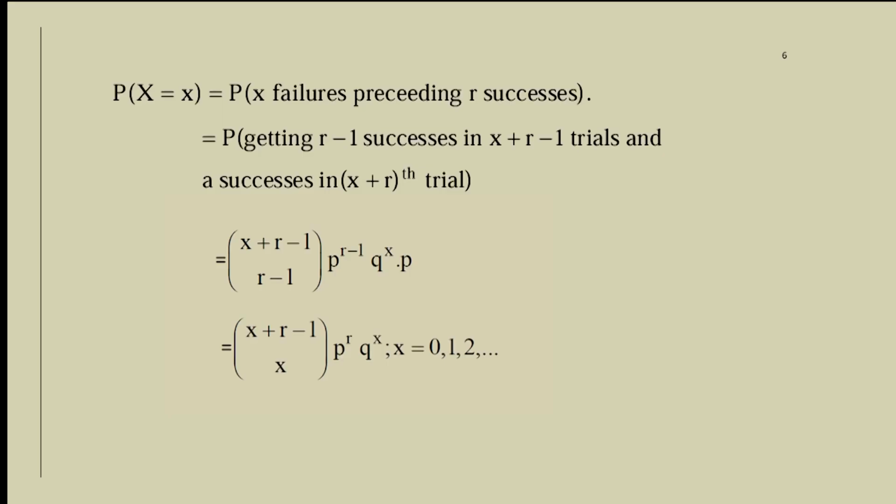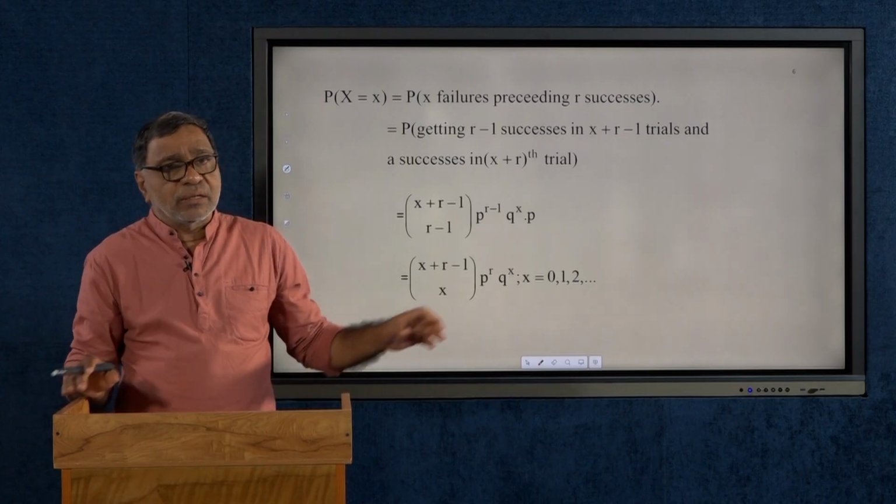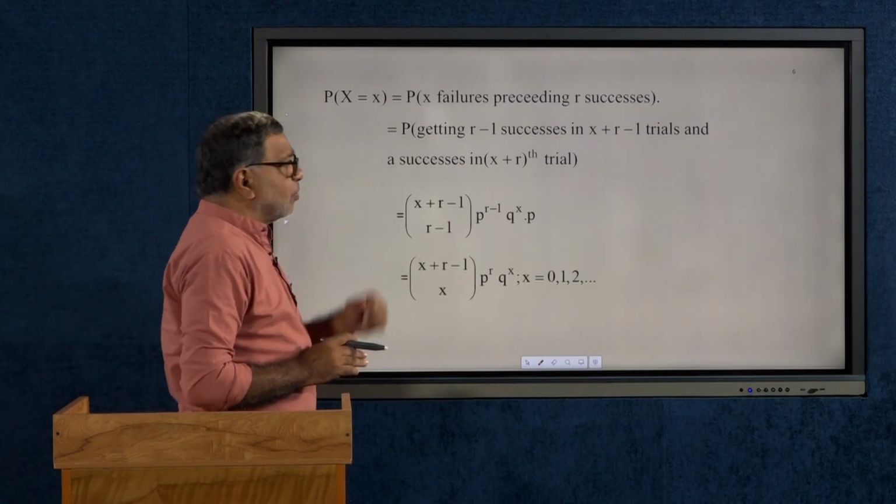That is modeled by the case I have already mentioned: the probability of X equal to x is the probability of x failures preceding the R-th success. That means the probability of getting R minus 1 successes in x plus R minus 1 trials and a success in the x plus R-th trial, because the last trial should be a success. I have already given this probability mass function.